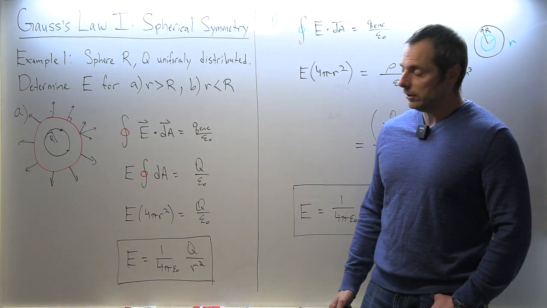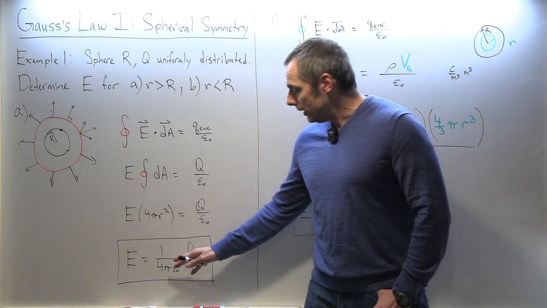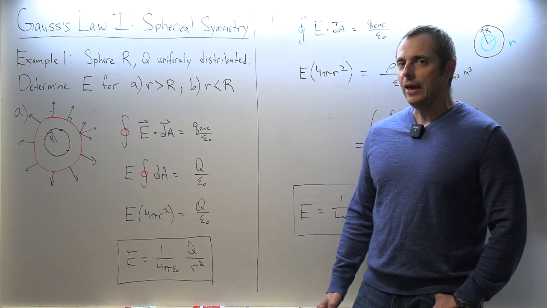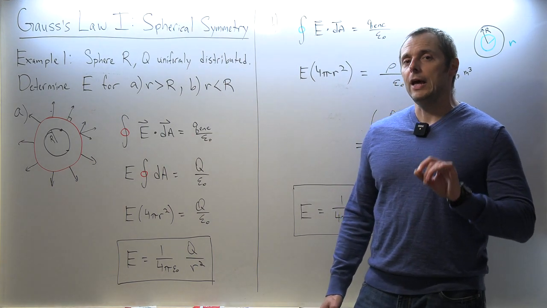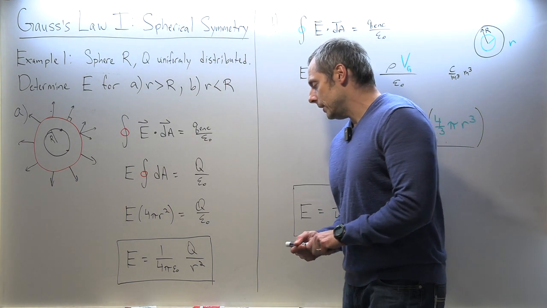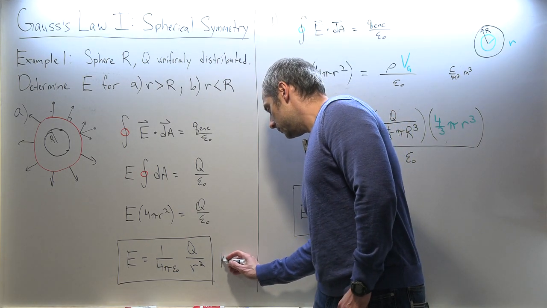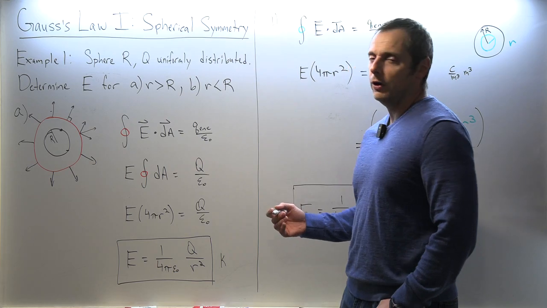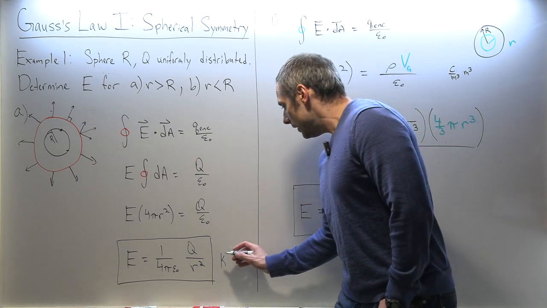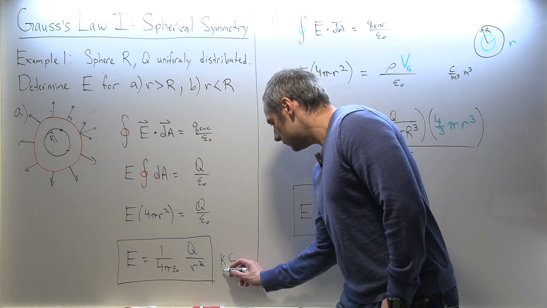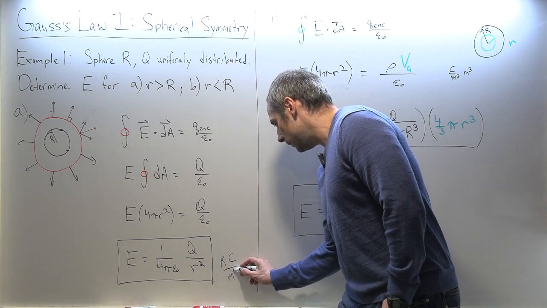It's not necessary. But the reason why is because this is the Coulomb's constant K, and it helps us with the unit analysis. So remember I said you could compare the electric field formulas to Coulomb's, the electric field formula we learned in point charges, KQ coulombs over r squared meters squared.